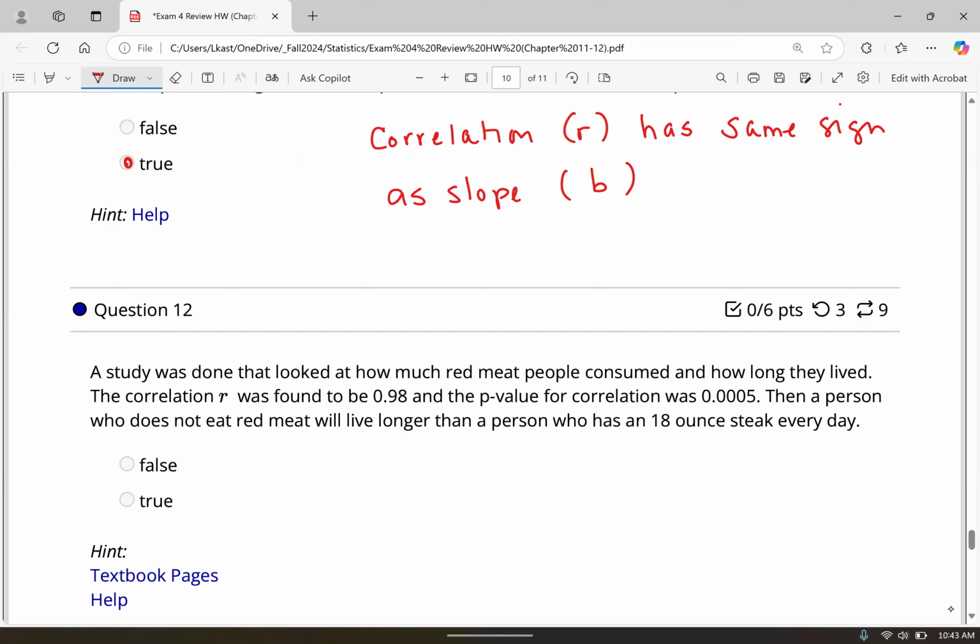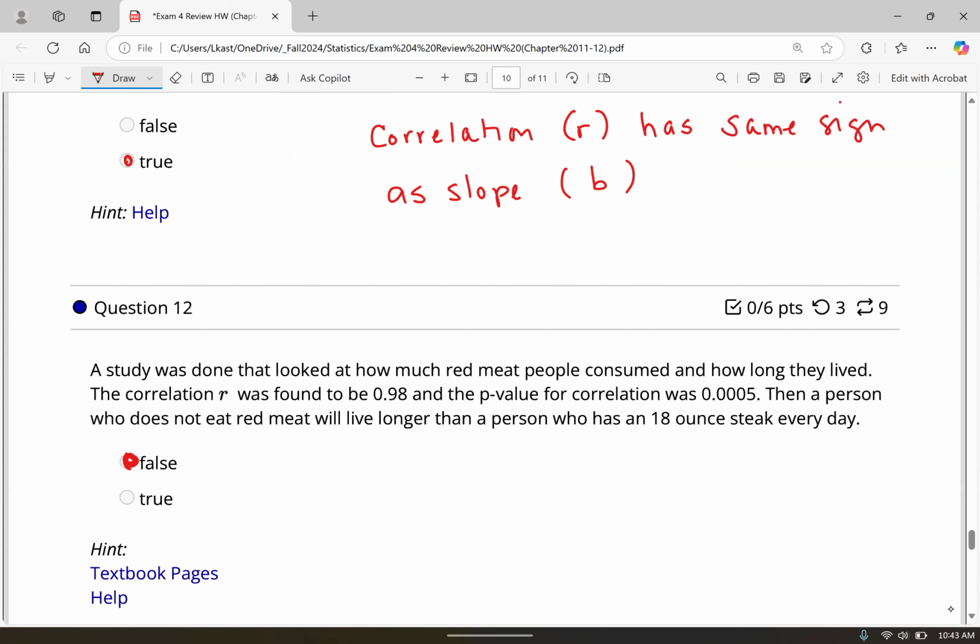Then a person who does not eat red meat will live longer than a person who has an 18-ounce steak every day? Well, no. Just because there's a correlation doesn't mean that there's causation. And anyway, it kind of is the opposite of what my correlation is telling me. And the answer is false.